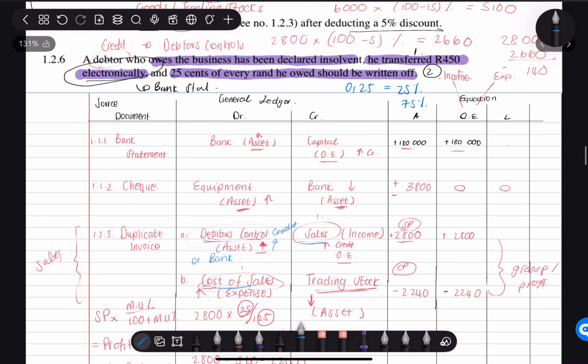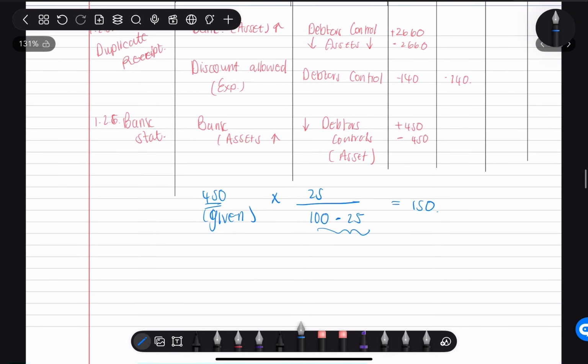So 450 is the same as 75% of the total of what he owed. If we put it in our equation, what we are given multiplied by what we want, 25%, over what we are given, which is 75%, we get 150. If this doesn't make sense, please leave a note in our comment section.